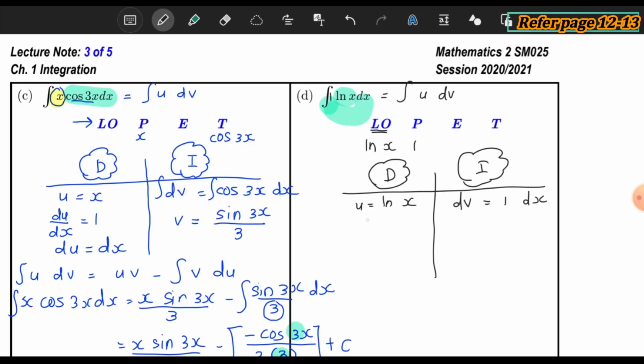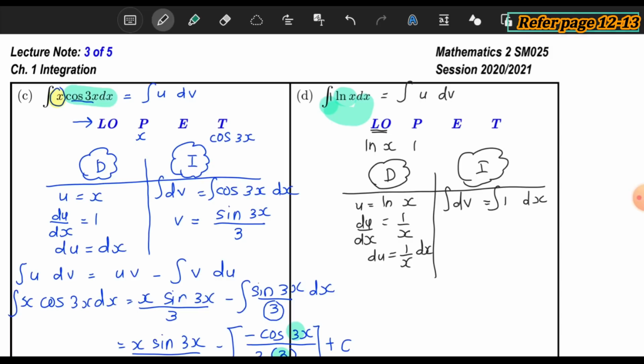Differentiate u equal to ln x, we will get du dx equal to 1 over x or du equal to 1 over x dx. For dv, we need to integrate dv to get v.